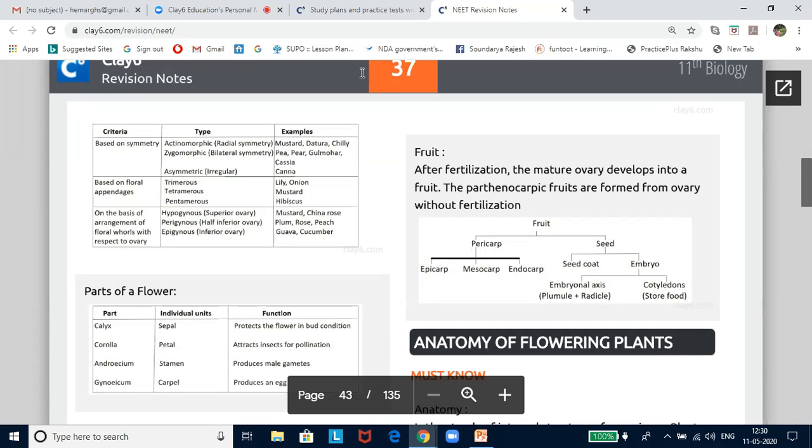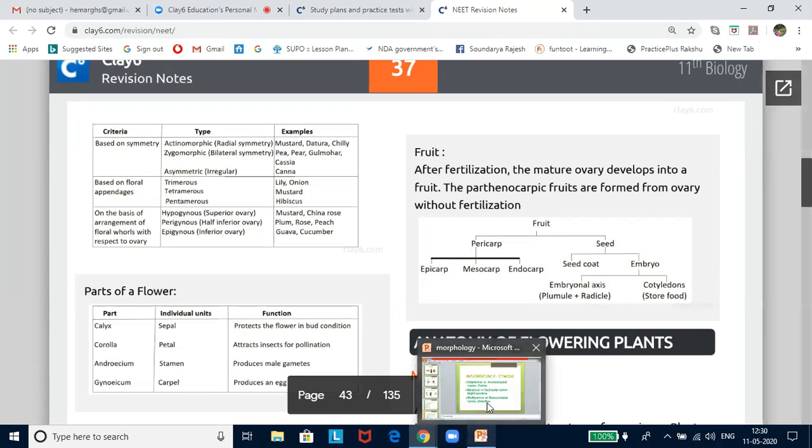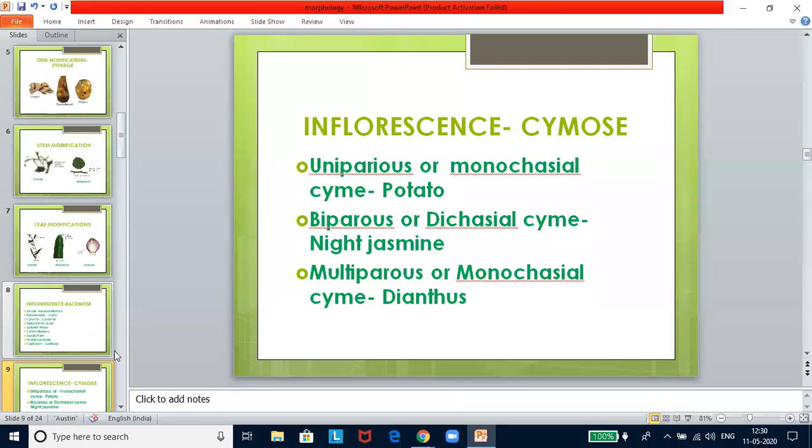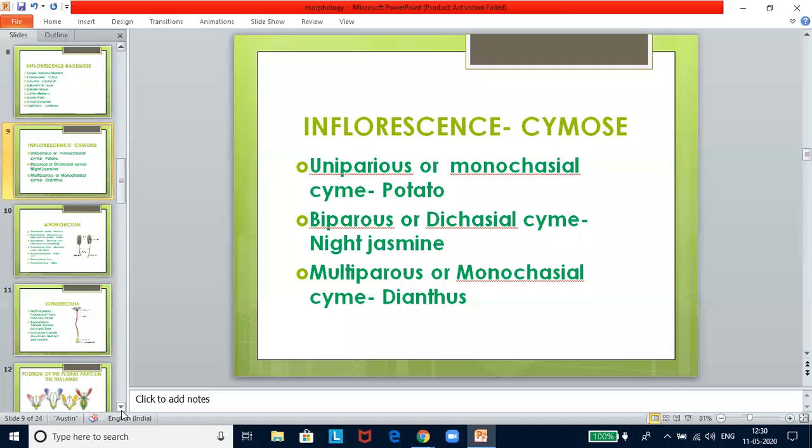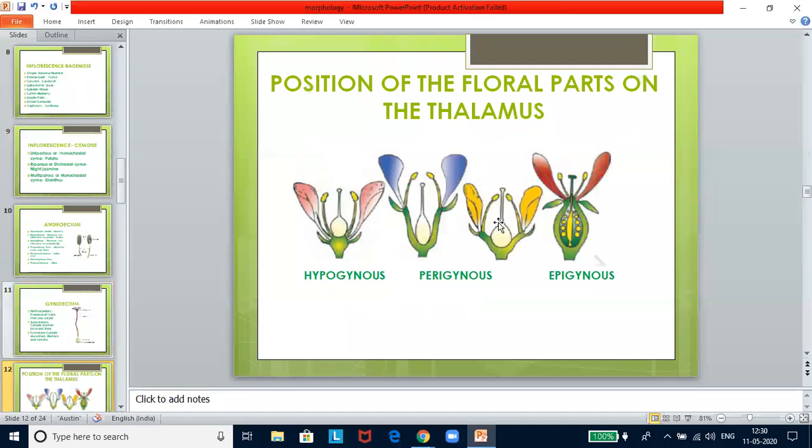Now, on the basis of the arrangement of floral whorls with respect to the ovary. Let me explain using the position of the floral parts on the thalamus. If you look at this structure, this is the ovary. Hypogynous means below. Hypo is below, gynous is gynoecium.